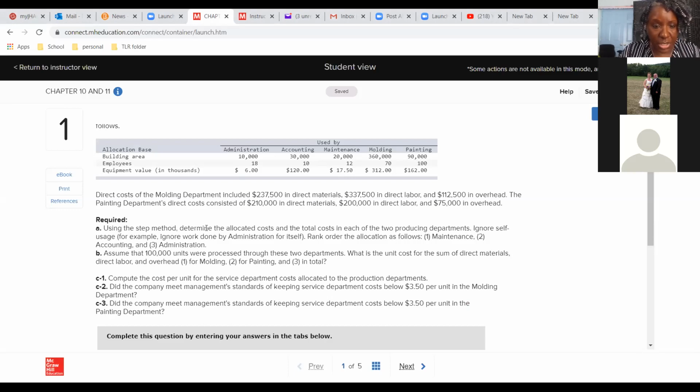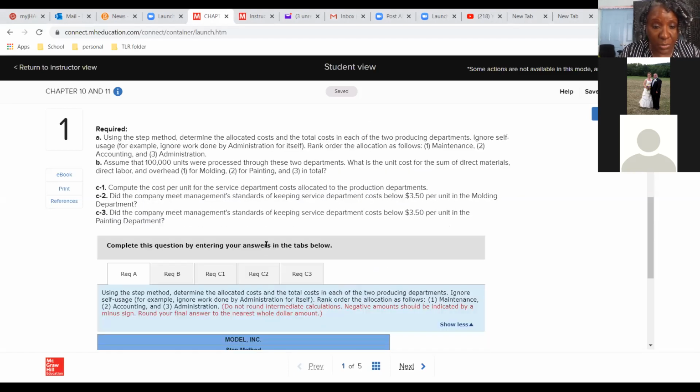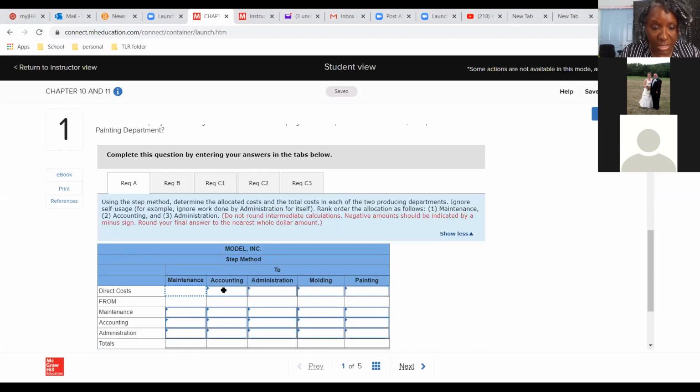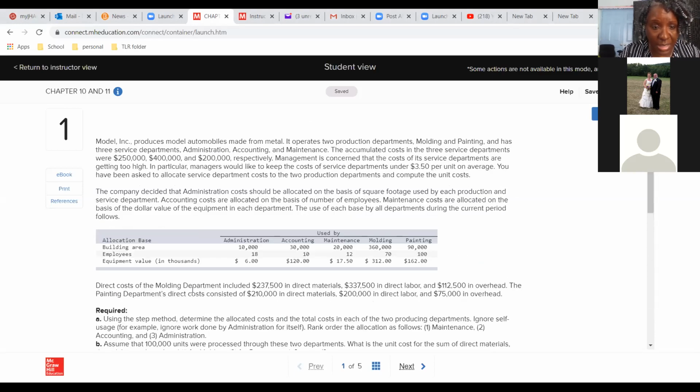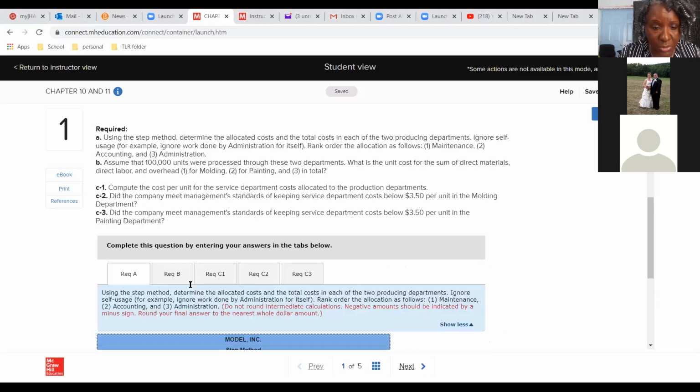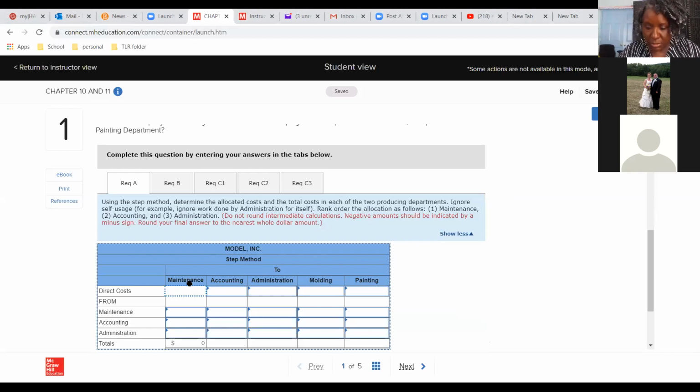The painting has $210 in direct costs, $200,000 in direct labor, and $75,000 in overhead. So what we want to do, we're allocating these costs. So the first thing we want to do in this cell here, here, and here, we want to put the direct costs, and we were given that. So maintenance is $200,000, and I'm going to put that on here.